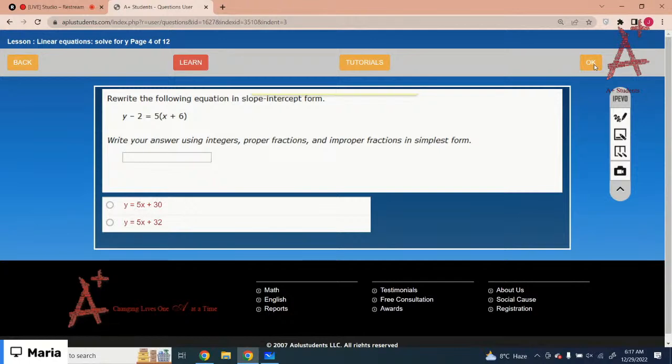So correct option is y equals 5x plus 32. So just select the correct option, then click on the OK button.